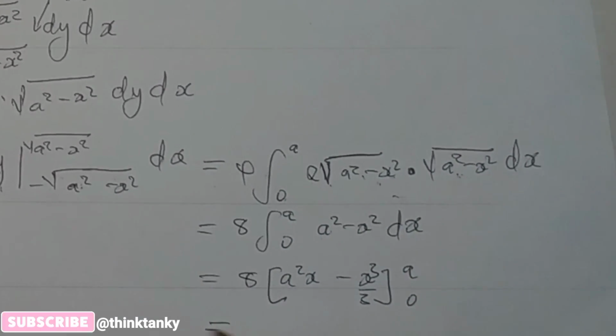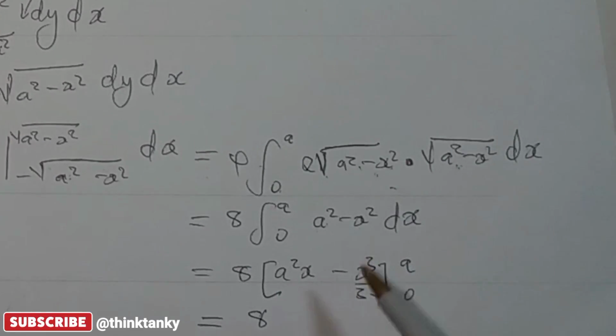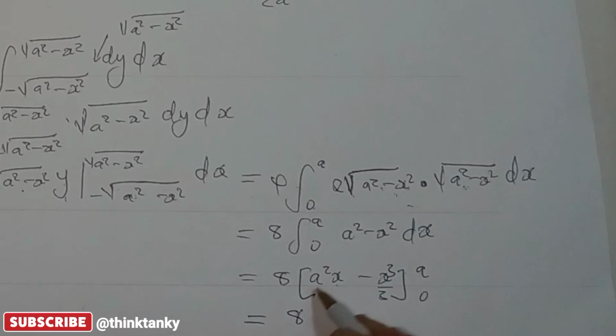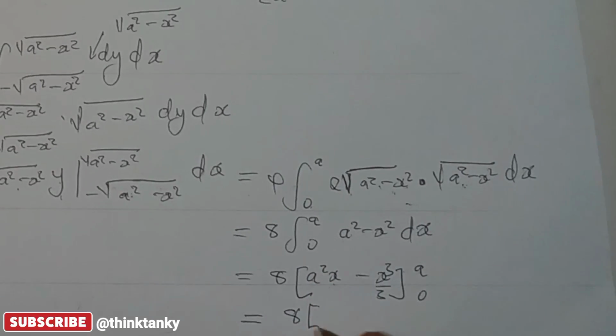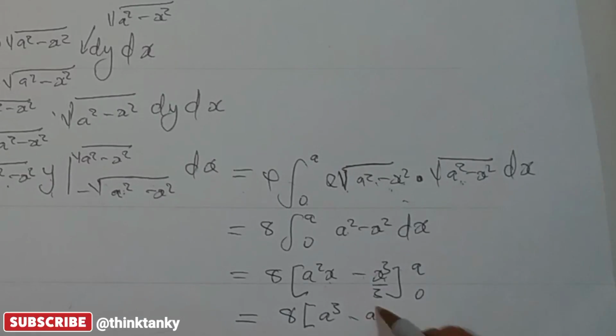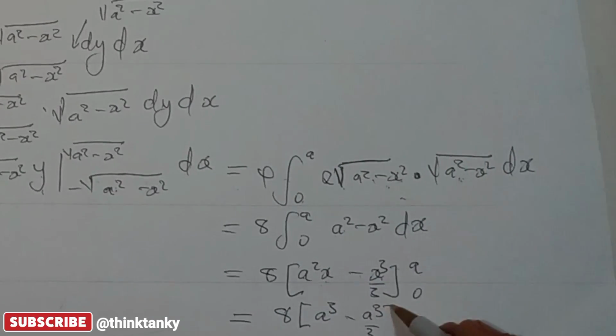Okay, this is equal to 8. If I replace x with a, here I'm going to get a squared times a, that is a cubed. Then here a cubed over 3, and if I put 0, the expression will go to 0.